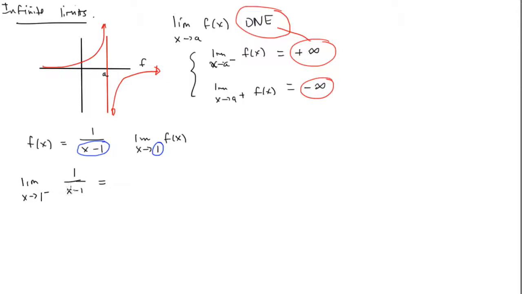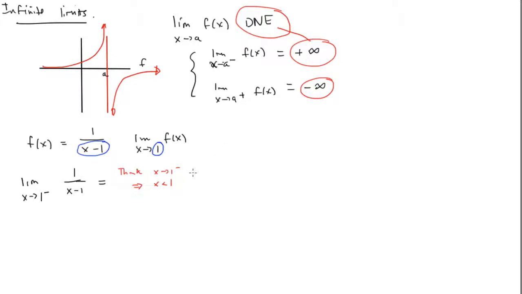Okay, so we have to reason through it in the following manner. If we approach 1 from the left, x approaches 1 from the left means that x is less than 1. So something less than 1, if I then subtract 1 from it, I'm going to have a negative number.